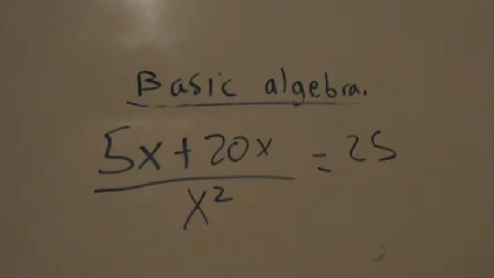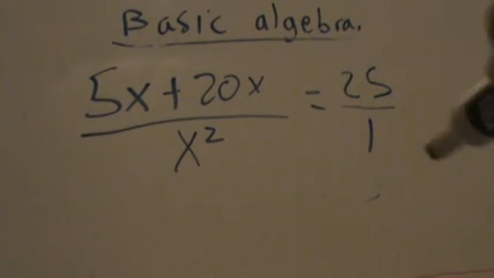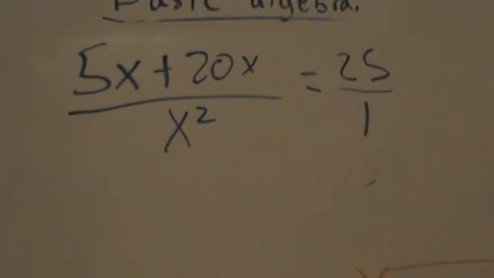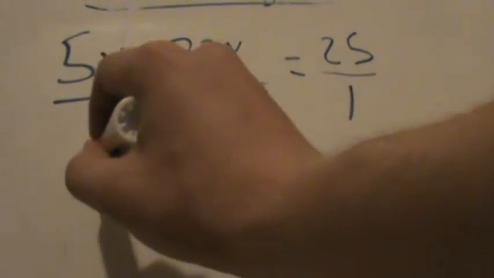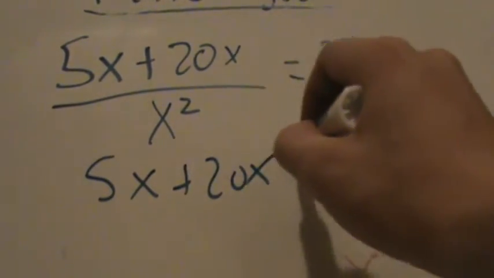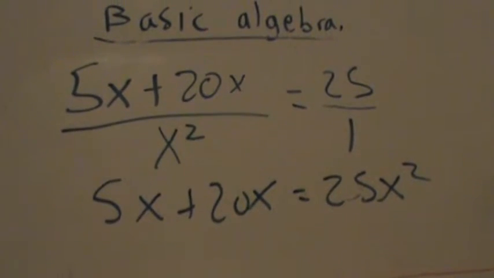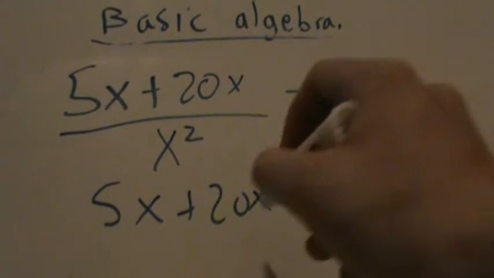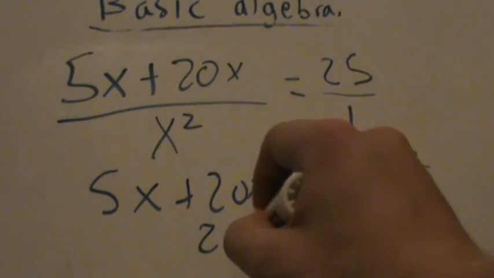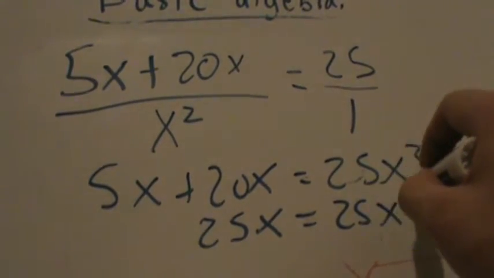You could do cross multiplication, because obviously you can tell this is over 25, so it's 25 over 1 that is equivalent. So 5x plus 20x equals 25x squared. So what you see here is that 25x equals 25x squared.